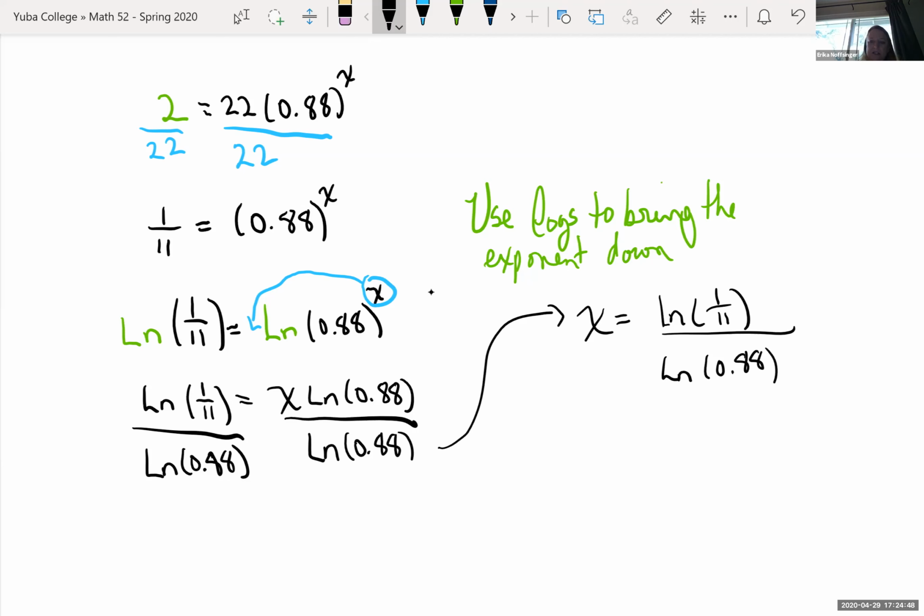Okay, so I want to plug that in my calculator. After you put in 1 divided by 11 after the natural log, close that parentheses, divide by the natural log of 0.88. This gives me about 18.7 or 18.8.